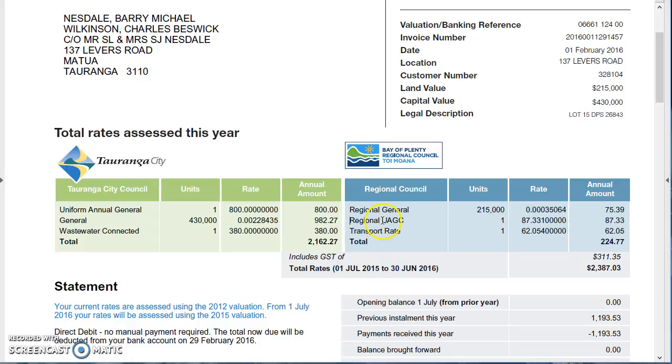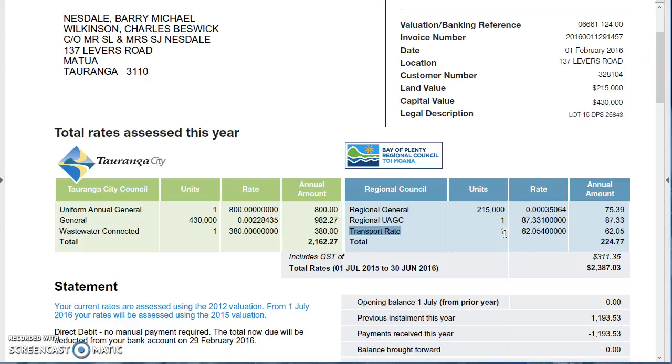Then this one here, the uniform annual general charge. Same thing again, it's just based on a calculation. There's one dwelling here and that rate applies. That money is combined together to pay for Bay of Plenty Regional Council's services. And probably the last one is the transport rate, a charge that pays for roads in the region that we have a share in using.